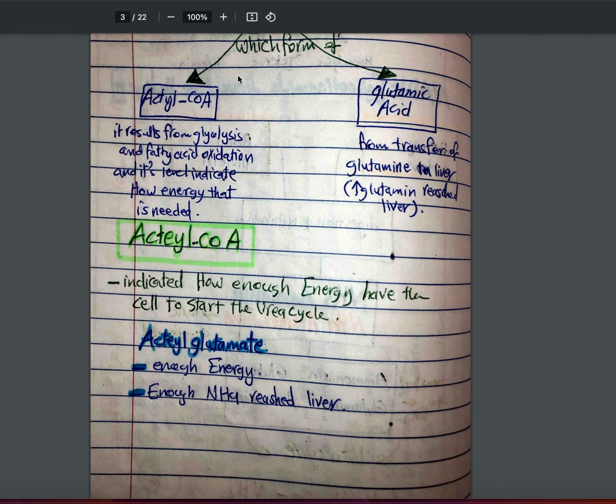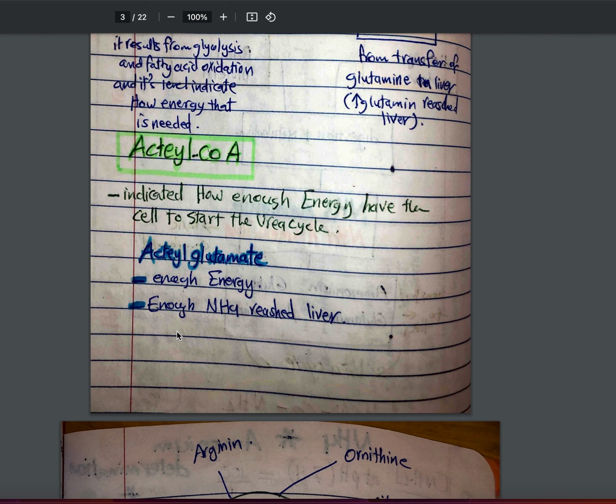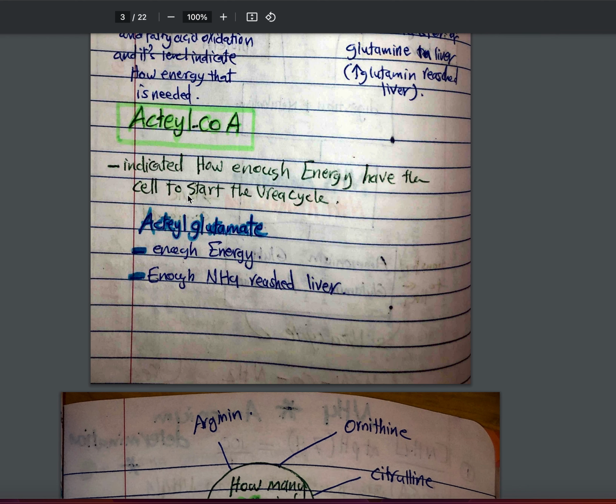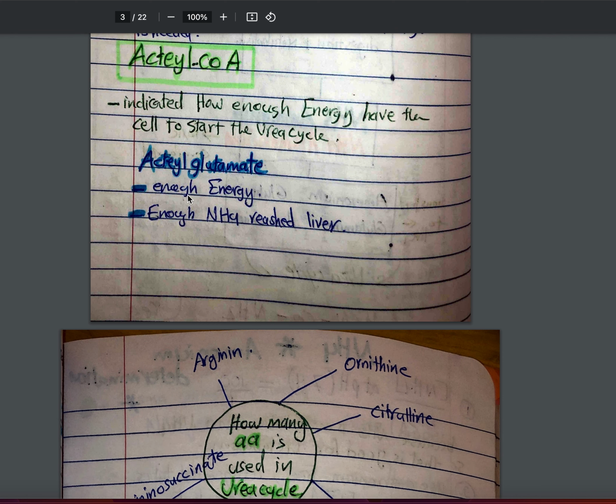energy. And it also indicates whether there is enough NH4 that has reached the liver, because NH4 is more toxic than NH3. So N-acetylglutamate is the cofactor used for the first reaction, and it indicates if there is enough energy or enough NH4.